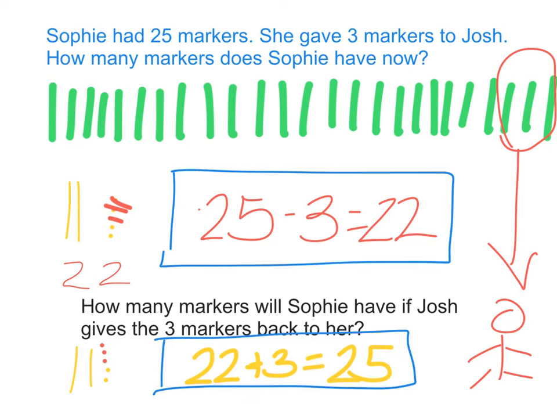First we had 25 minus 3 equals 22, and then when he gave it back, we reversed the numbers, 22 plus 3, and that left us with 25.